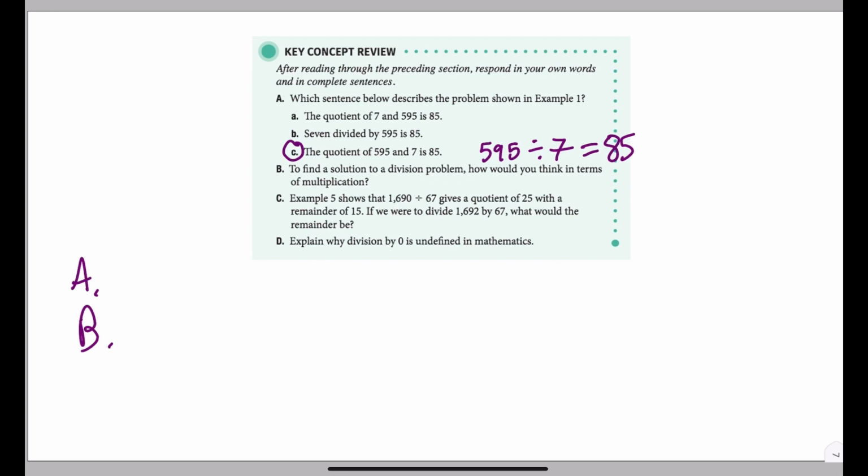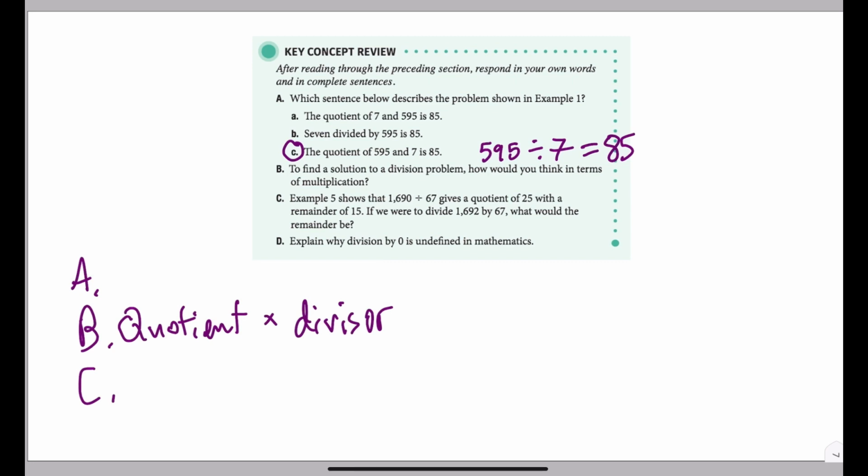So that's how I would describe that. The easiest answer is quotient times divisor, right? That should equal your dividend. But we talked a little bit more about some of the subtleties.